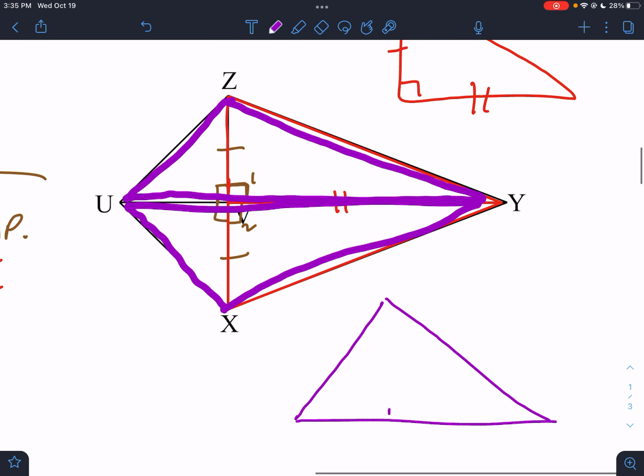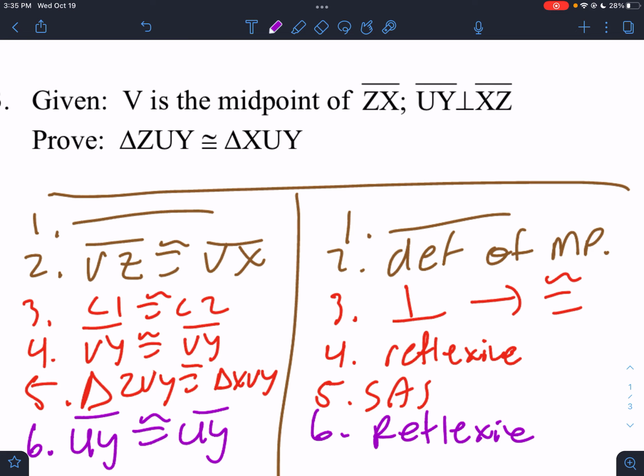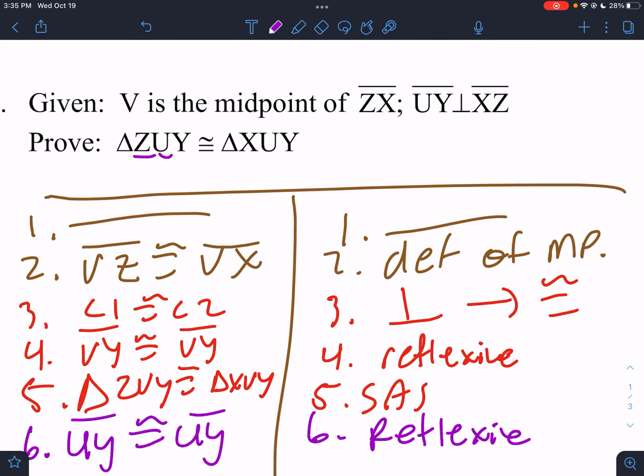But they both use the side UY. So they have a shared side. UY is congruent to UY. That is a reflexive piece. They both use it. All right, so now I got a shared side. That's it. That's the only place they share sides with each other. But how about purple with red? And you can even tell by the names. ZUY, ZVY, ZY, ZY.